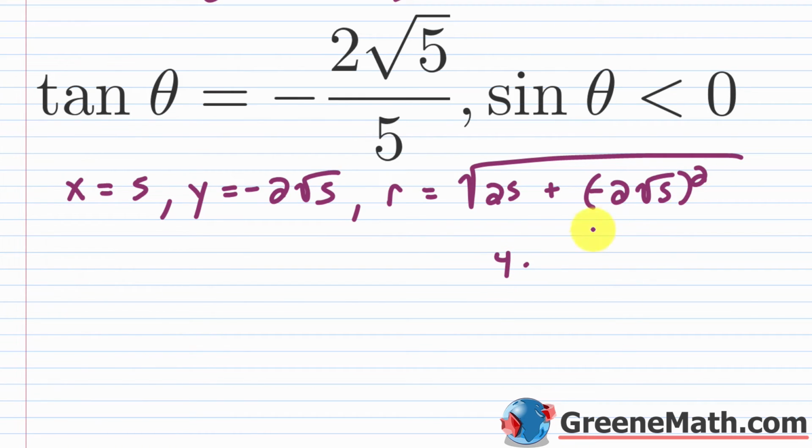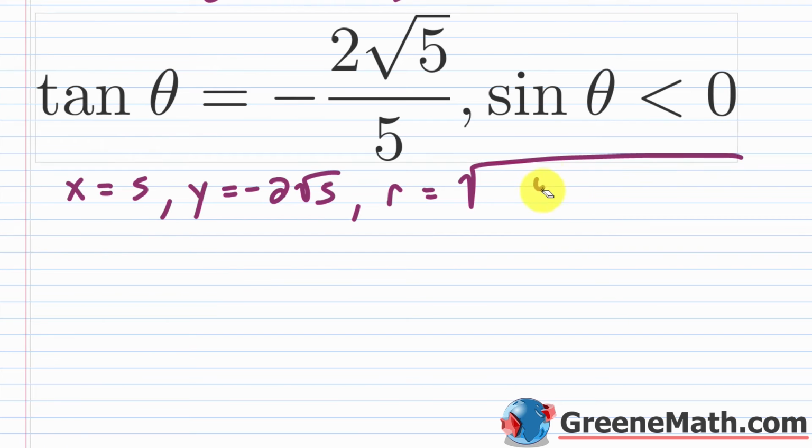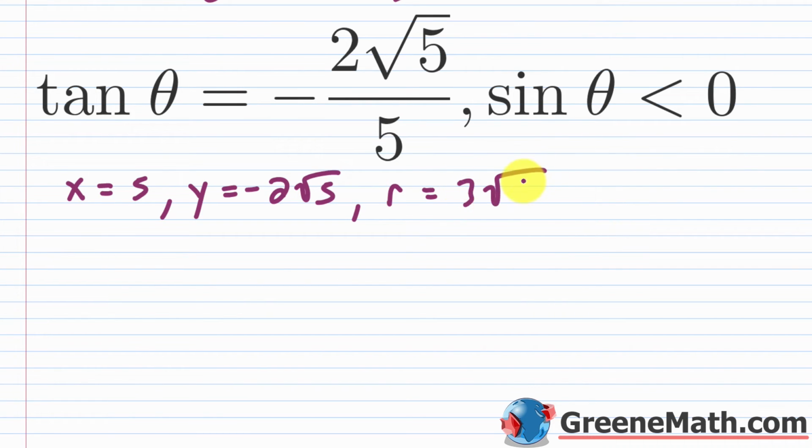And then the square root of 5 squared is going to be 5. So this is going to be 4 times 5, or 20. So let me put a 20 in there. So essentially you have 25 plus 20, which is 45. And 45 would break down into 9 times 5. And 9 is a perfect square. So this is 3 times square root of 5. So r is going to be 3 times square root of 5.